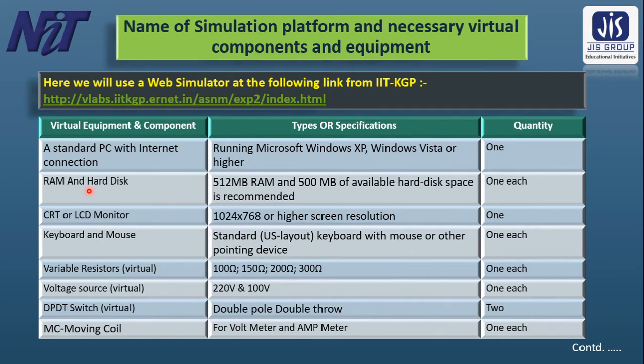Then the RAM and hard disk of the PC: minimum requirement of 512 MB RAM or 500 MB hard disk space. A CRT or LCD monitor, minimum resolution should be 1024 by 768 or higher. A standard keyboard and mouse, with a US layout keyboard and pointer device or any mouse.